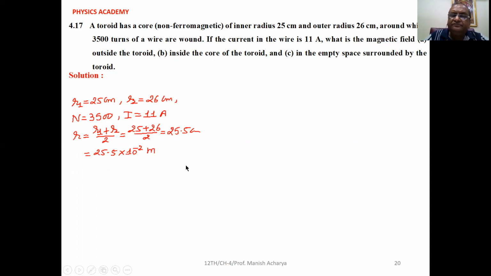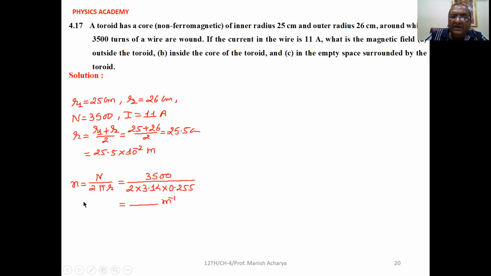So here, if we consider the Amperian loop as the axis of the toroid, then the radius of that Amperian loop will be (R1 + R2)/2, say that is R. So (25 + 26)/2, we will get 25.5 centimeter. So R will be 25.5 × 10⁻² meter.